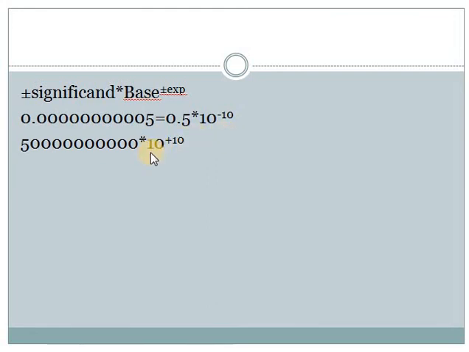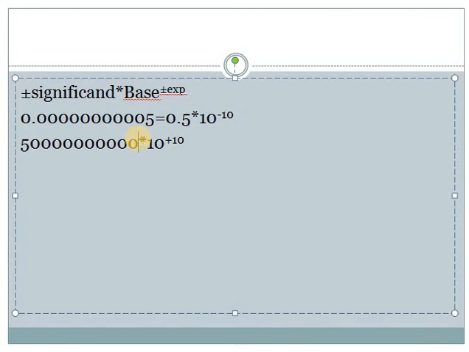Similarly, 5 followed by 10 zeros can be represented as 5 into 10 to the power plus 10. So this is the floating point representation. In fixed point you can represent in a limited manner, but here you can represent in an unlimited manner. Okay, thank you.